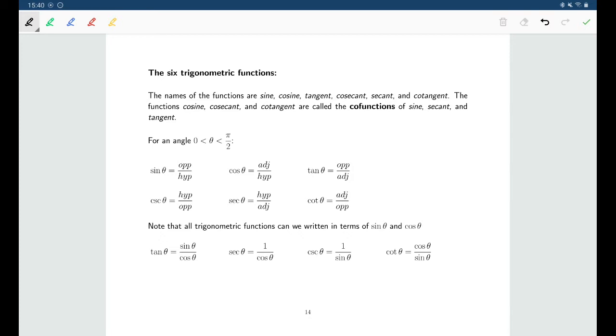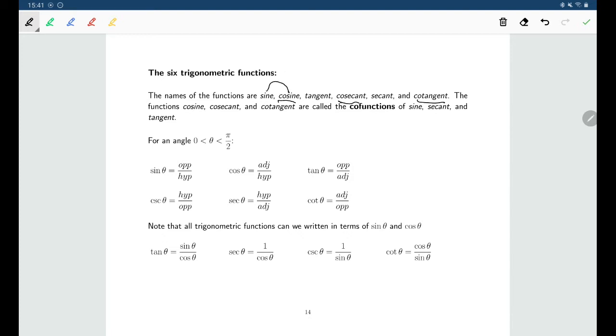One other thing to point out here, and you might have noticed this with the names, is that the names come in pairs as well. There's sine and cosine, there's secant and cosecant, there's tangent and cotangent. Those three functions, cosine, cosecant, and cotangent, are called cofunctions.